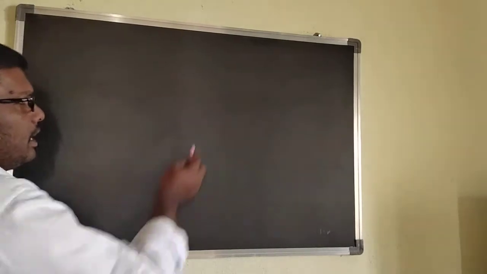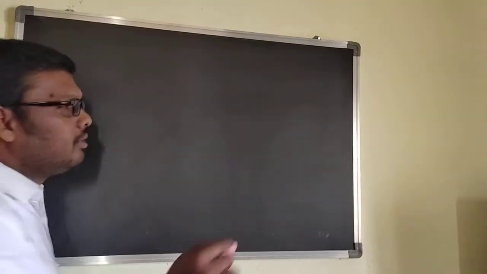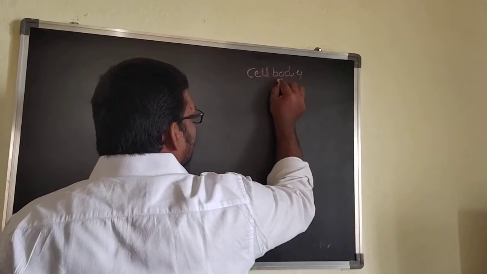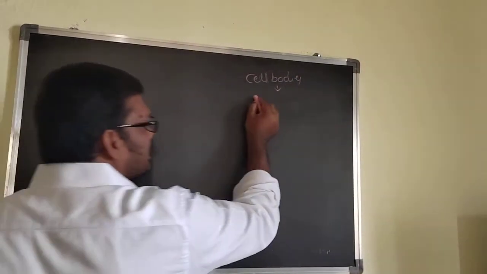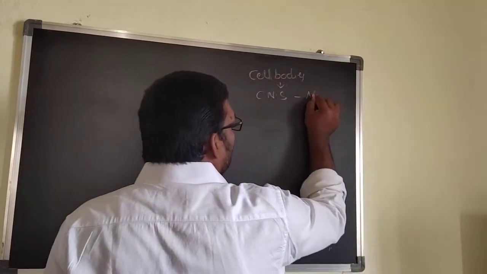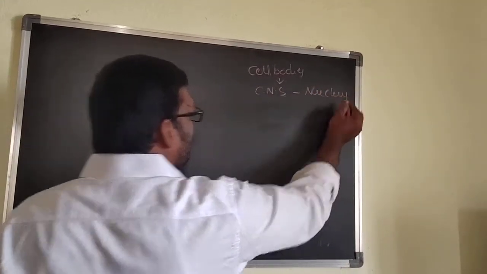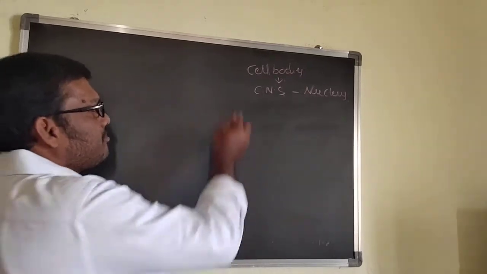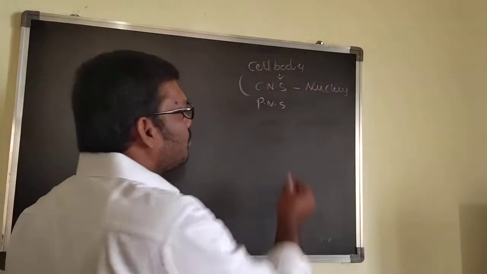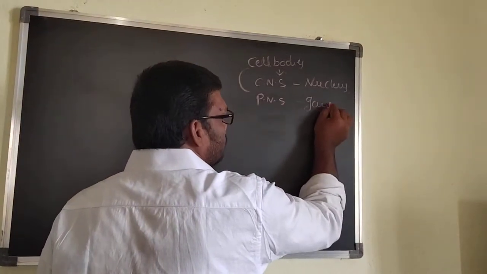And then the group of cell bodies in the central nervous system is called a nucleus. The group of cell bodies in the peripheral nervous system is known as ganglia.